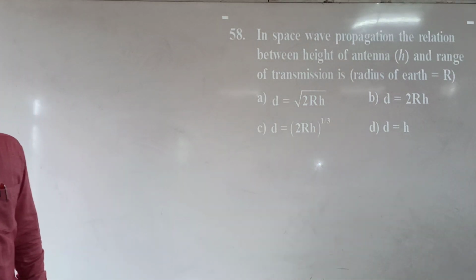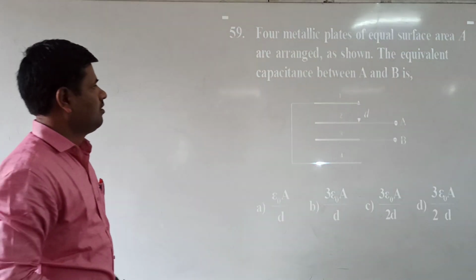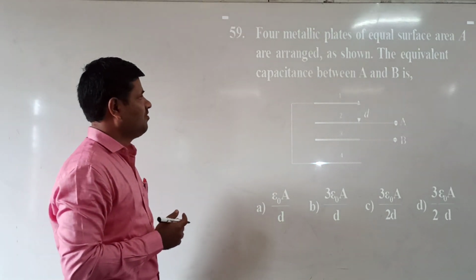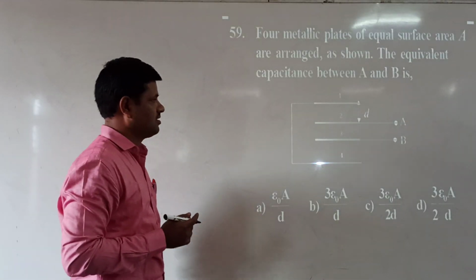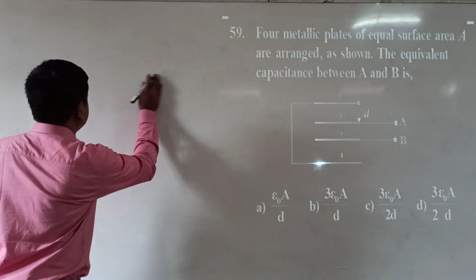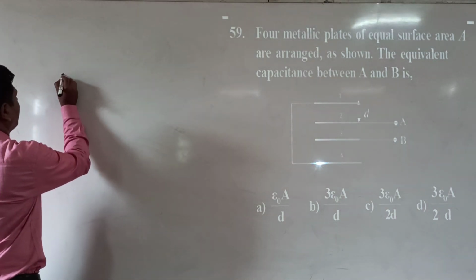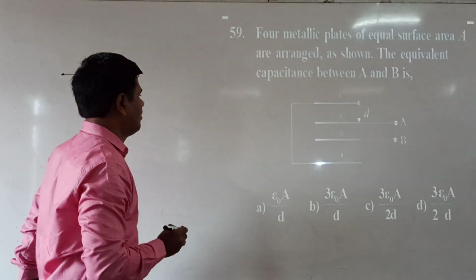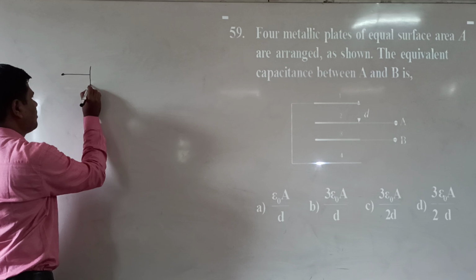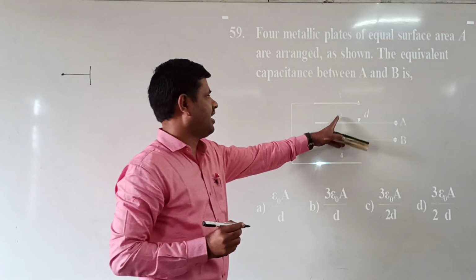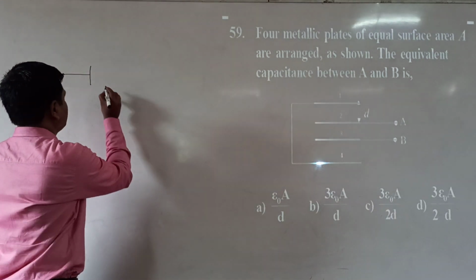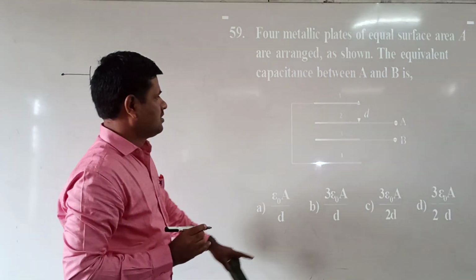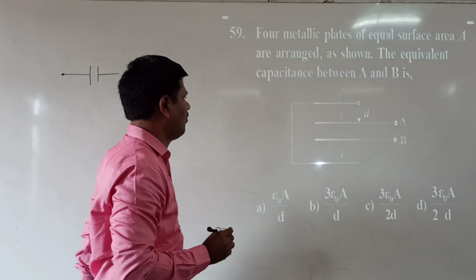Next we can go to question number 59. This is also about capacitors. Given parallel plate capacitors, we find the equivalent capacitance. First of all, we take this as the A terminal. The A terminal is connected to the second plate, so in between the second and the first plate, a capacitor is formed. Now second is connected to 4.